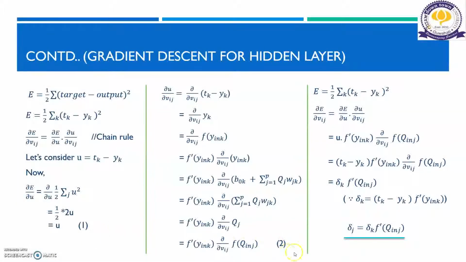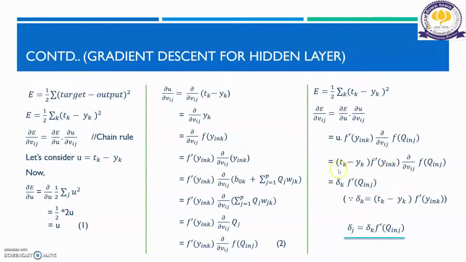So from equations 1 and 2, if we put these values in this equation, we finally get this value. So in place of y we replace this term. Now see here, tk minus yk into f dash of y and k is your delta k. Remember the delta k term we got in the output layer.